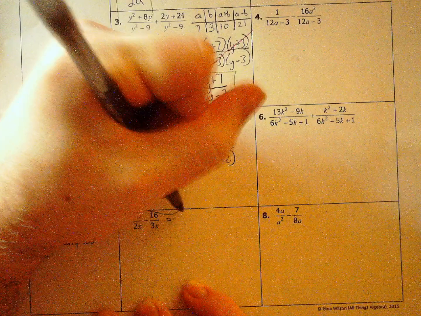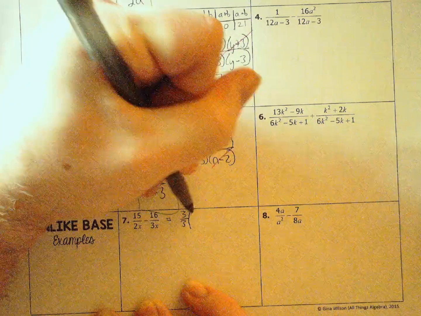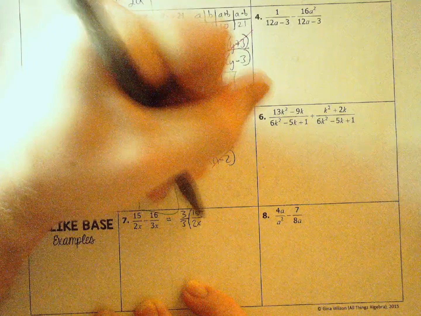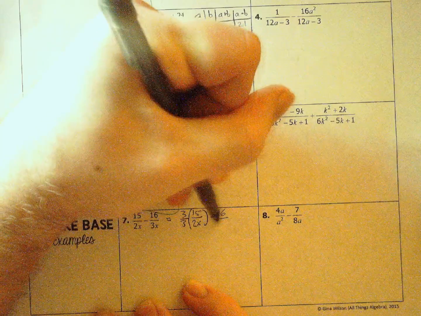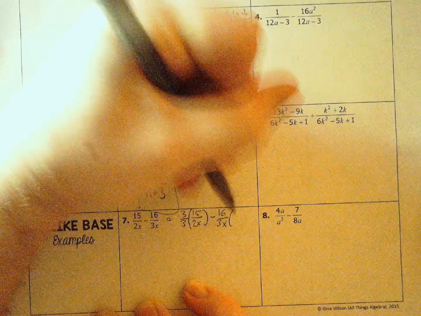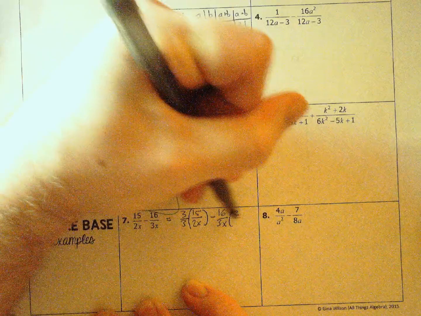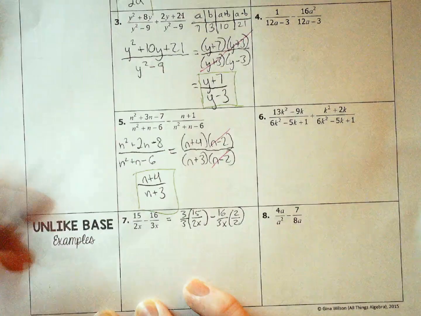So I'll write this as 3 over 3 times 15 over 2x minus 16 over 3x times 2 over 2.